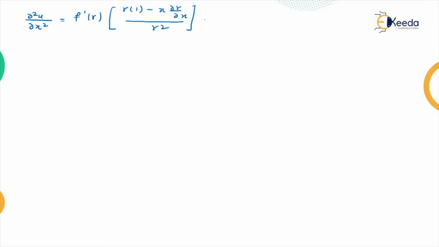That is, we use the quotient rule here, plus x upon r f double dash of r into ∂r/∂x. So this is ∂²u/∂x², right?